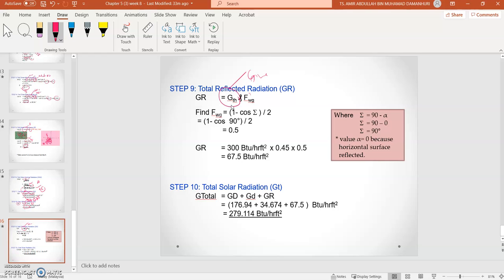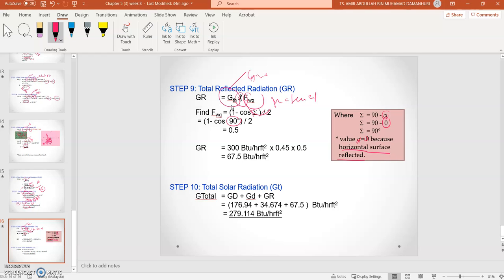Alright, so we have to find the FWG. This is the value referred to the material, so you have to refer to your formula and appendix table. So we have to find FWG: 1 minus cos sum divided by 2. The sum is 90 minus alpha, where alpha is 0 because it is horizontal surface reflected. So since it is horizontal surface reflected, we have to use the alpha of 0.